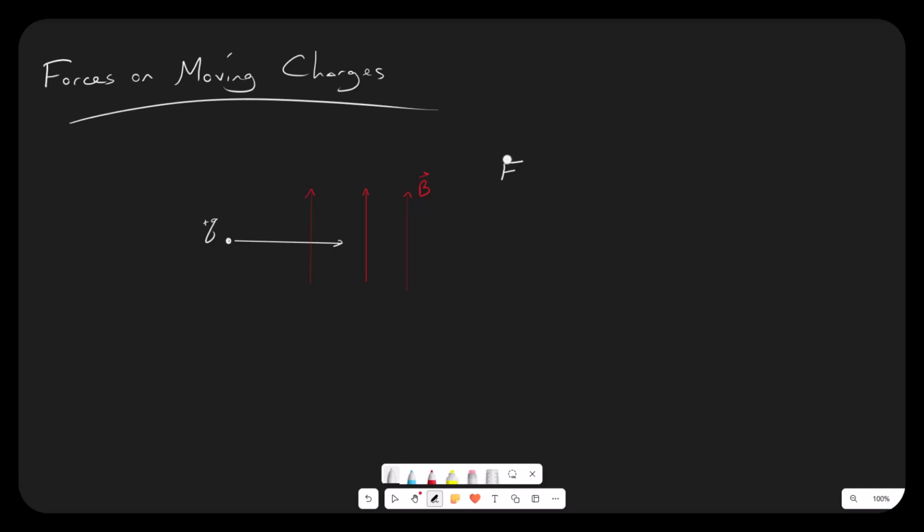My force is going to be equal to Q V cross B, and this is something called a cross product. It is a vector operation.